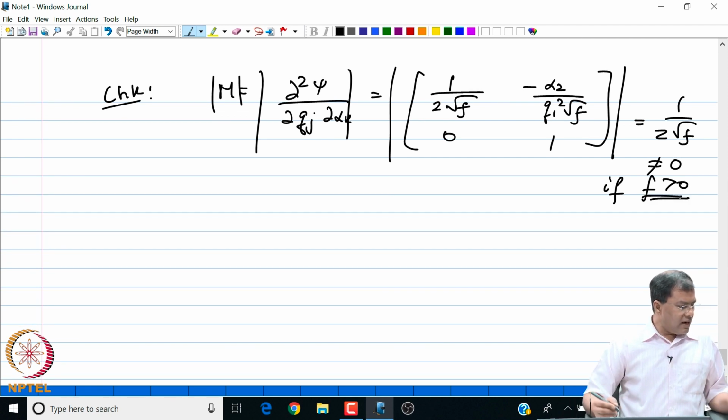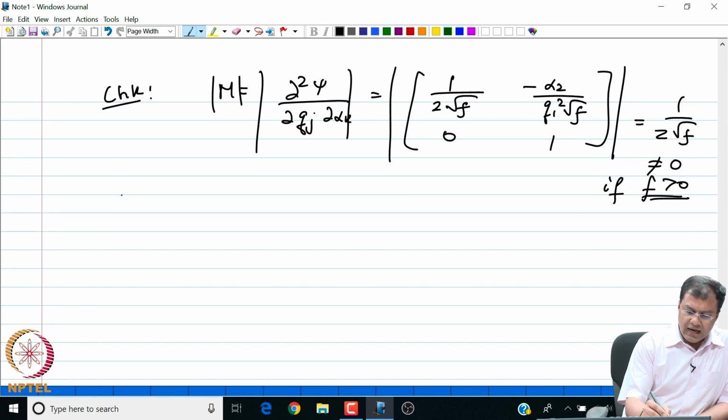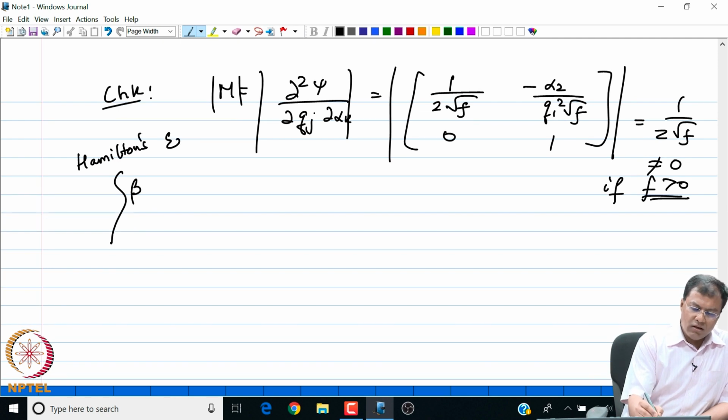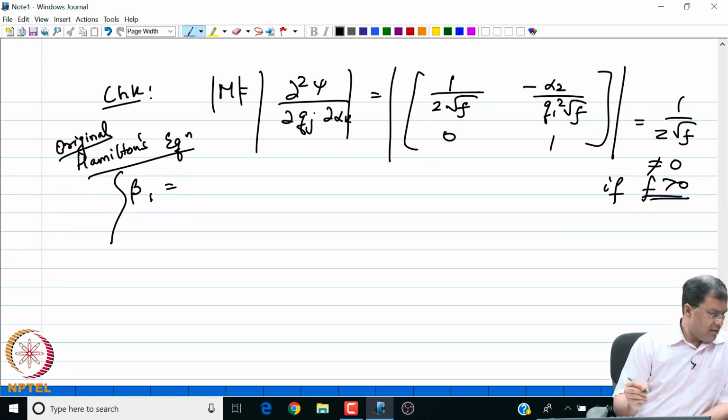So in that case I can directly write down Hamilton's equation. My Hamilton's equations to give me the extremals are as follows. This is for the original setup, which involves time. My β1 is negative ∂ψ/∂α1, minus t.